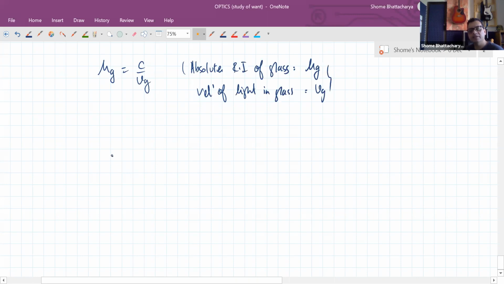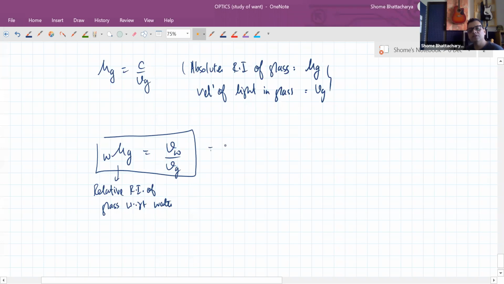But when I write this, it is the relative refractive index of glass with respect to water. So that becomes speed of light in water divided by speed of light in glass. So that further becomes this.